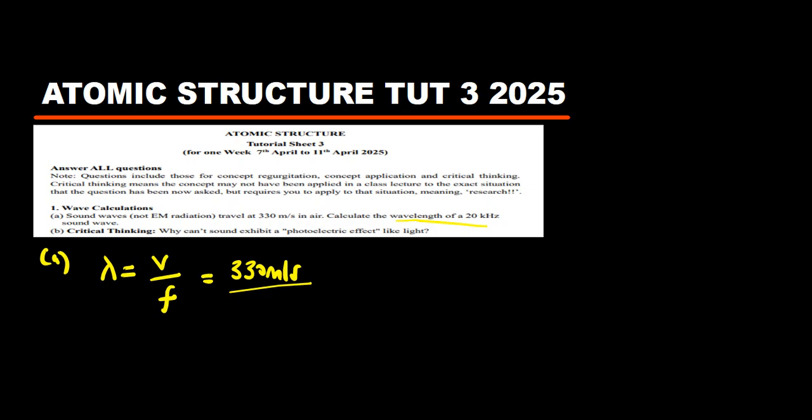Then the frequency, in this case, we've been given 20 kilohertz. You know that frequency is measured in hertz. 20 kilohertz just means you're multiplying by 1,000, so this will be 20,000 hertz. So we're going to divide by 20,000 hertz. When you divide the two, on my end, I'm getting 0.0165 meters.